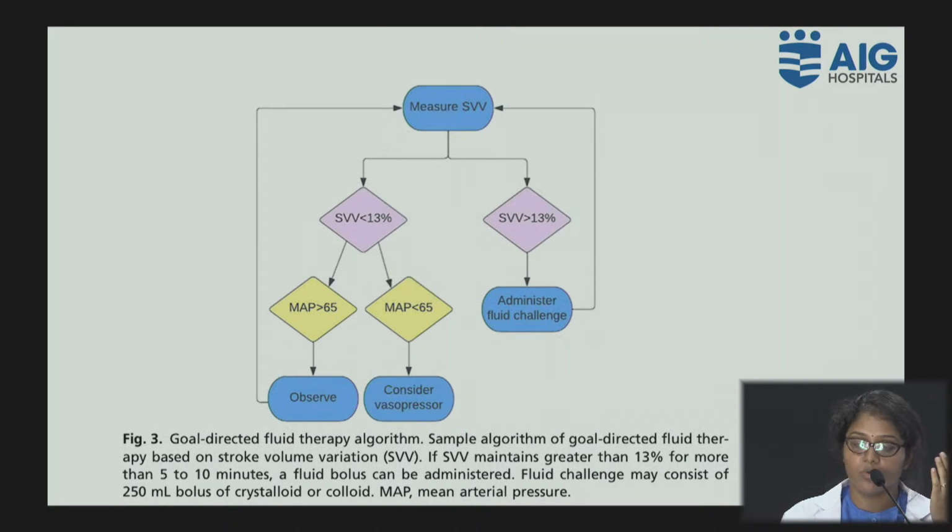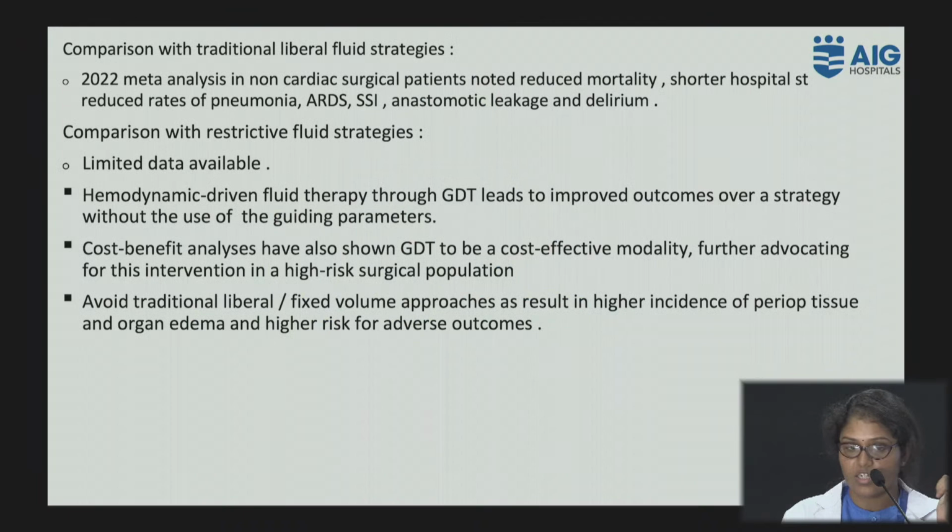If SVV is measured more than 13, give a fluid bolus; less than 13, and the MAP is maintaining, we observe. If MAP is less but SVV is less than 13, consider going for a vasopressor in order to maintain the cardiac output. Comparison with traditional liberal fluid, it reduced mortality, hospital stay, reduced risk of postoperative pulmonary complications.